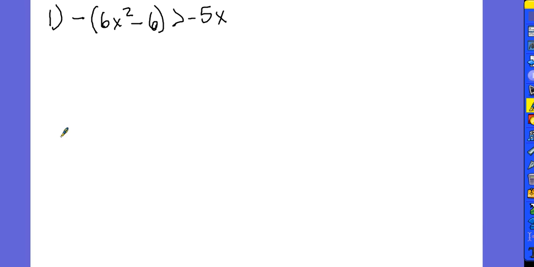Okay? And then we're going to go through the same process we went through yesterday. We're going to put it in standard form, figure out what kind of intervals we're looking for, all that jazz. Here we go. -6x squared plus 6 is greater than -5x.